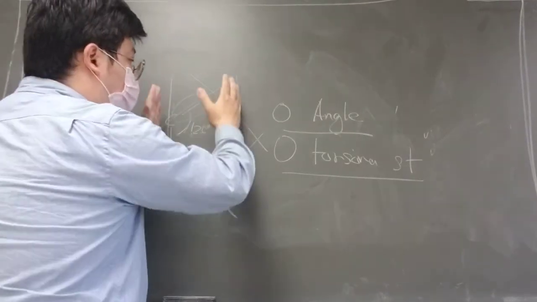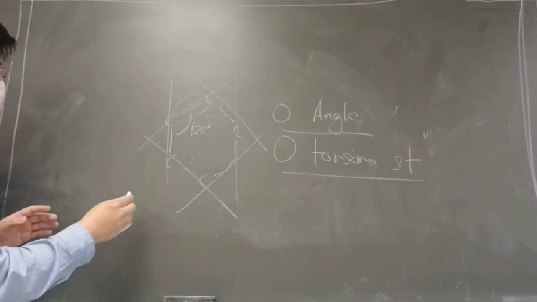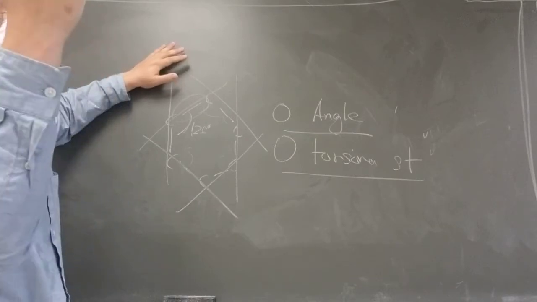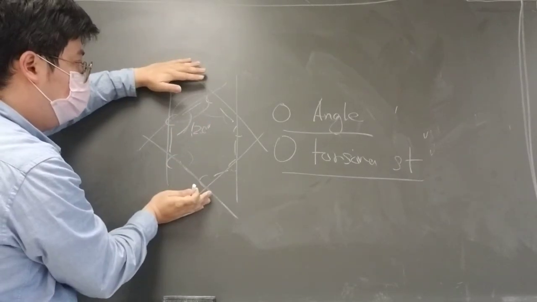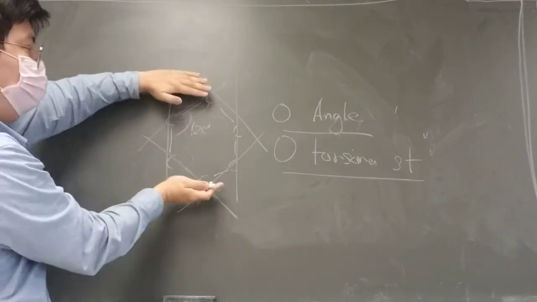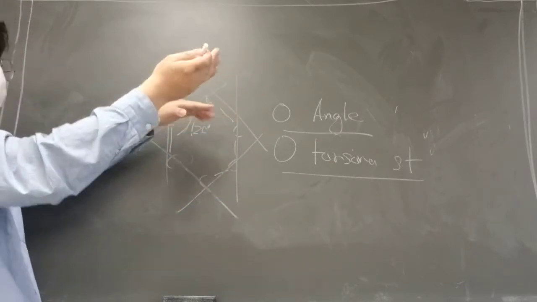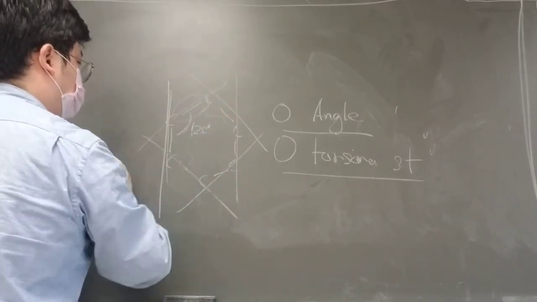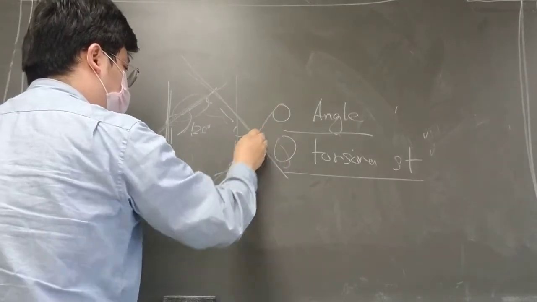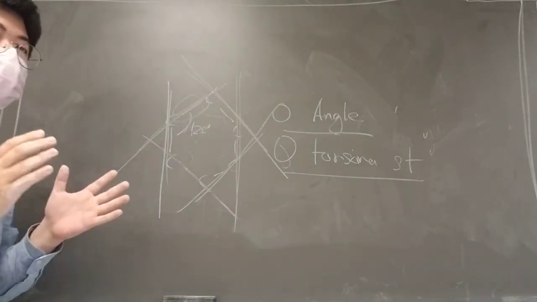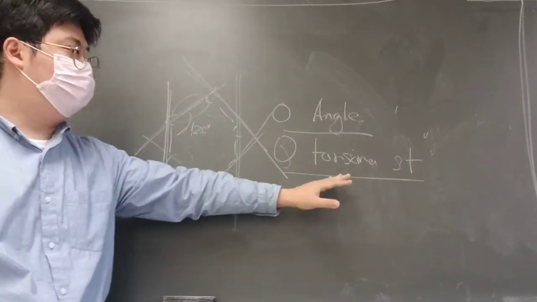And also they're all staggered. If you look at this from top to bottom, or from the side view, looking through each direction, they're also all staggered. That means there will be almost no torsional strain.